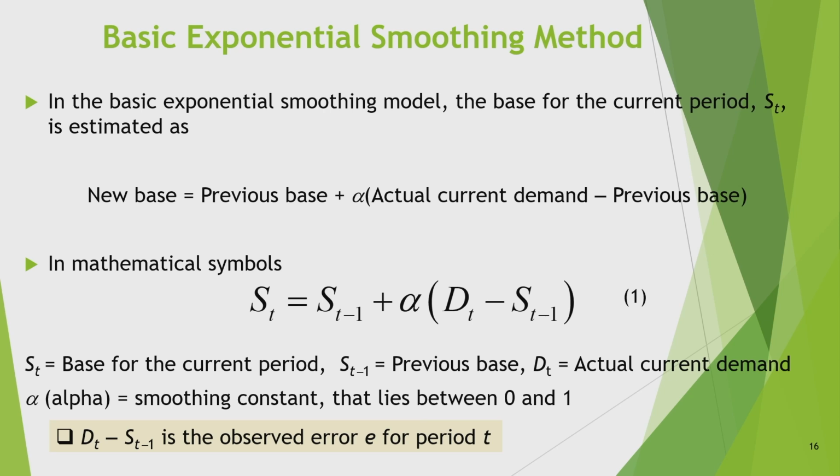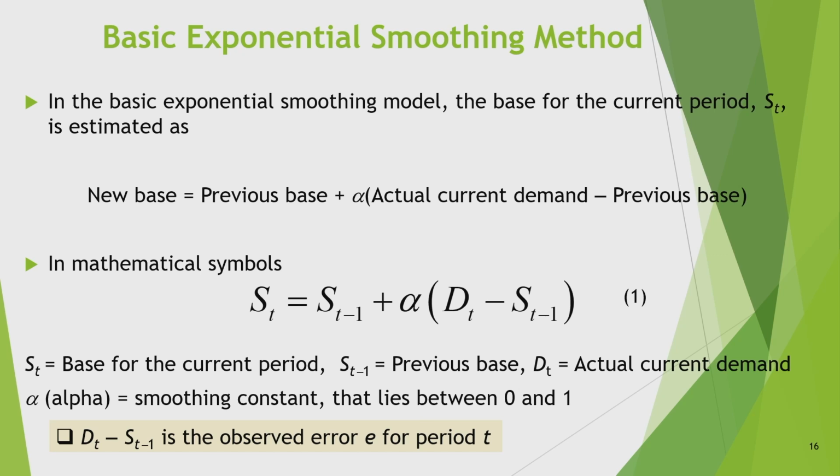In the basic exponential smoothing model, the base for the current period, that is S_t, is estimated as the current period base. That means where I am interested to forecast, there we make a base. So, the new base is equal to the previous base plus alpha times the actual current demand minus the previous base. Okay.